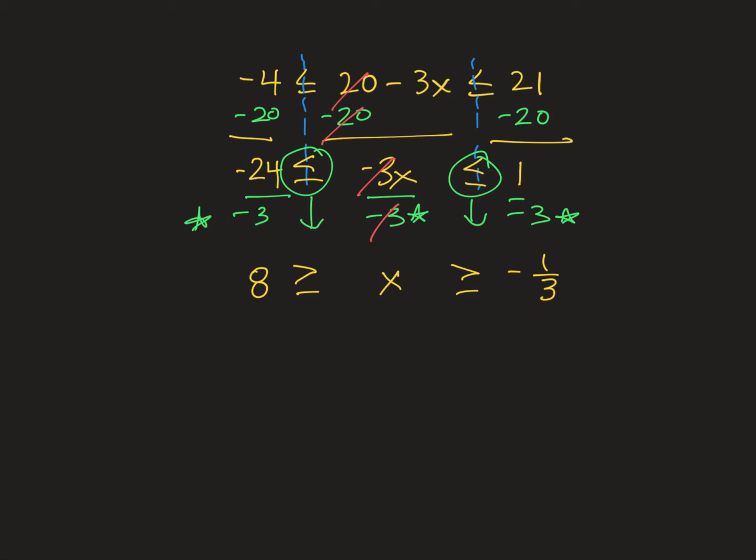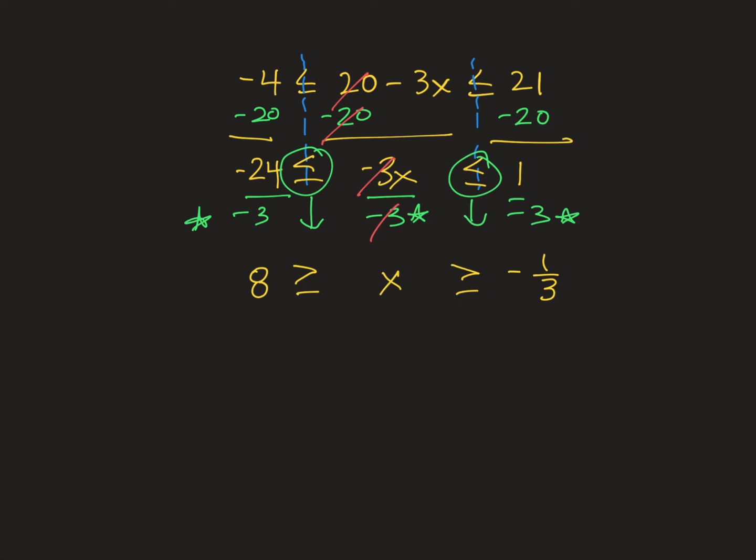But that number line does need to be in increasing order. And our interval notation does need to be in increasing order. So just to help the visuals, I am going to rewrite this compound inequality as the equivalent compound inequality.